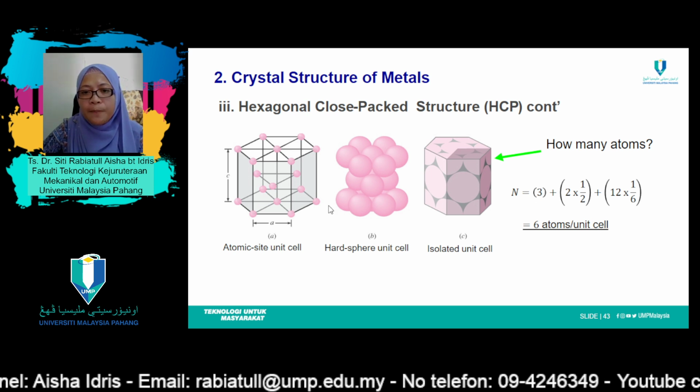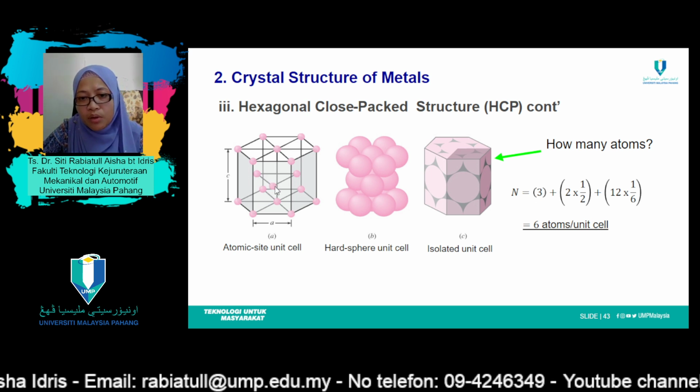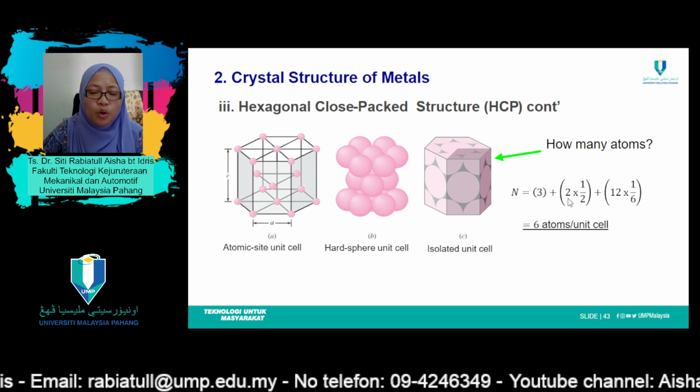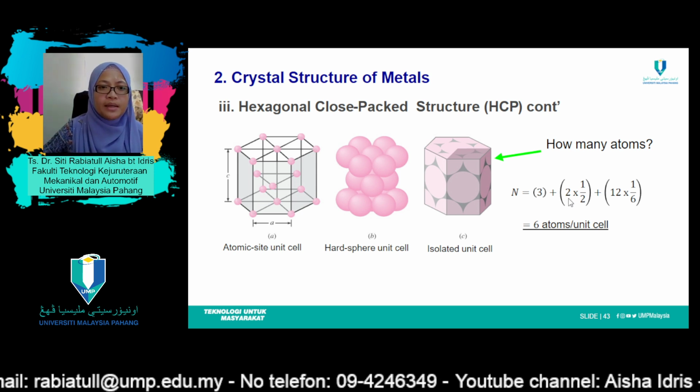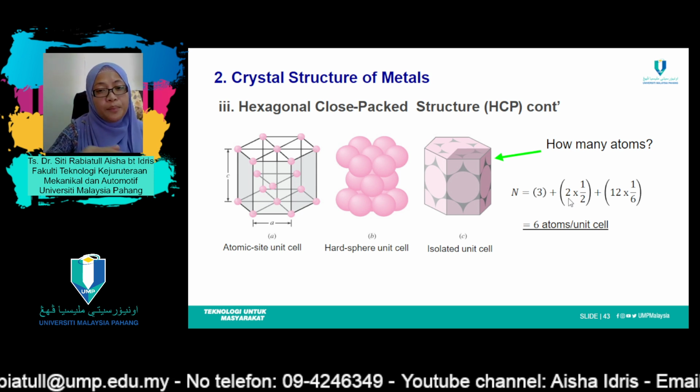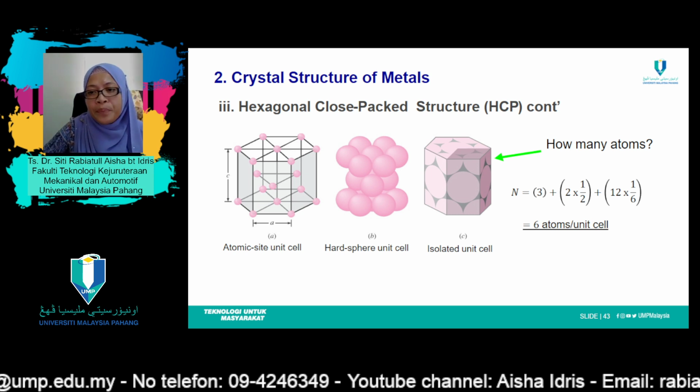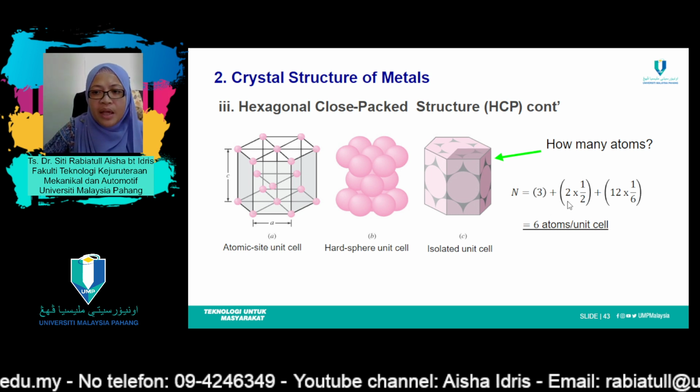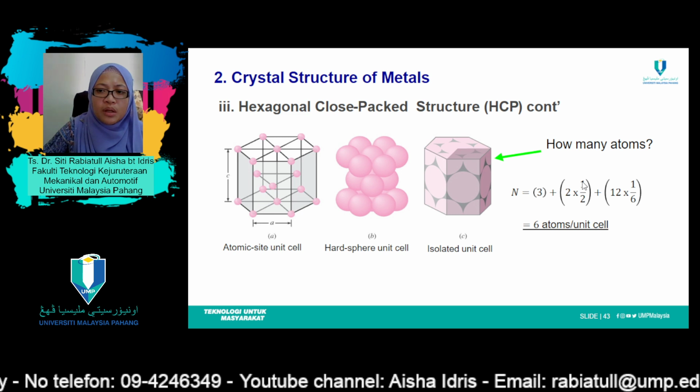3 meaning those in the middle here, 1, 2, 3 times, well, the calculation for HCP is slightly different from those in the previous crystal structures. And then 2 times half.